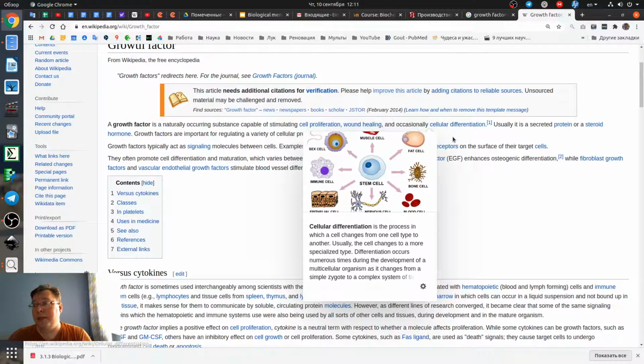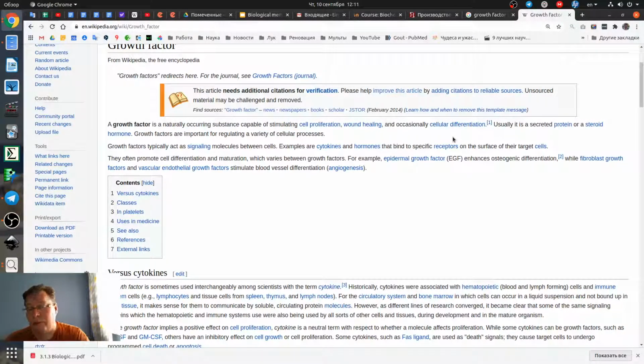So, in simple words, growth means increasing of the number of cells or size of the cell. And growth factor works like a signal molecule which stimulates proliferation or division of cells, wound healing or migration of different cells into the wound, and cellular differentiation is a conversion of one type of cell to another.